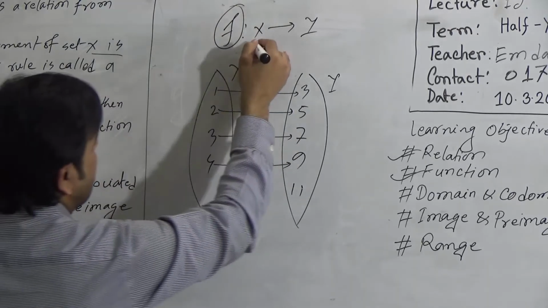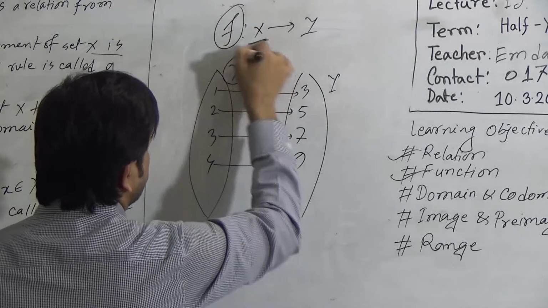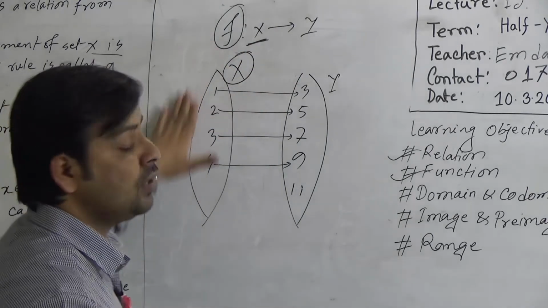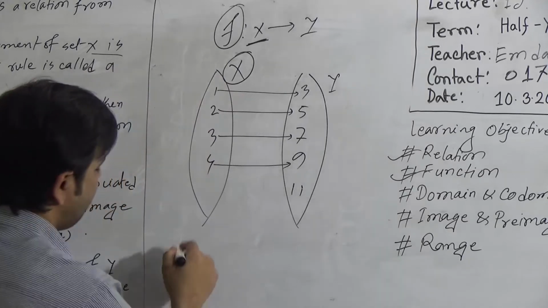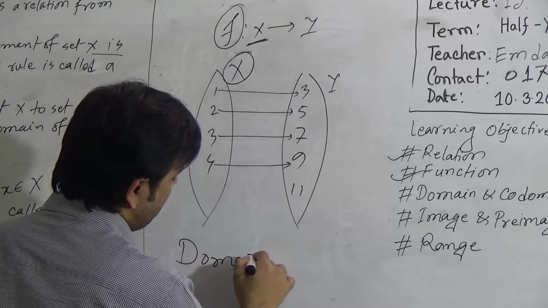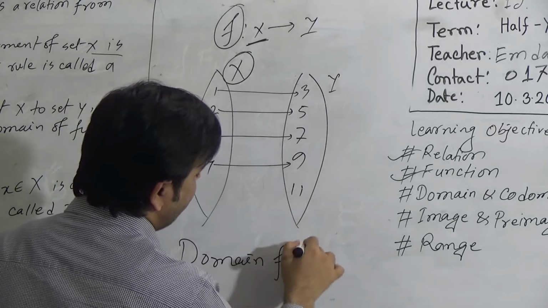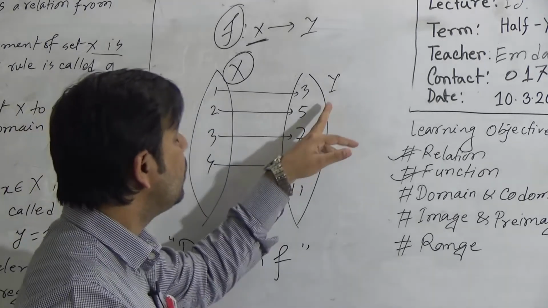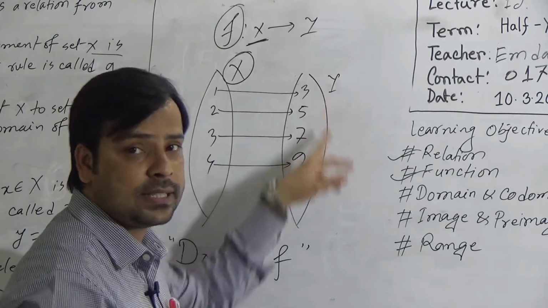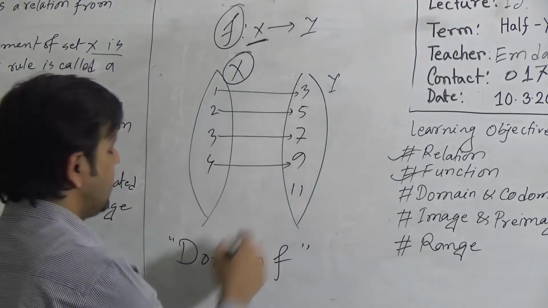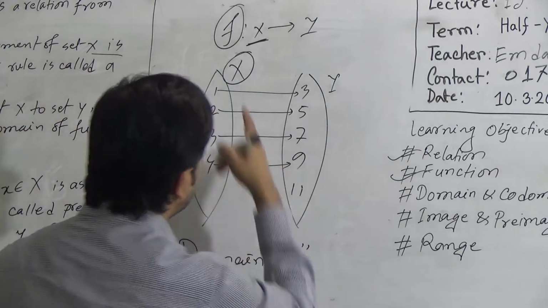Here in this case the first set is x, and the first set x is known as the domain of f. Domain of f we can denote by domain f. And y is the second set here, and the set y is known as the codomain of f.